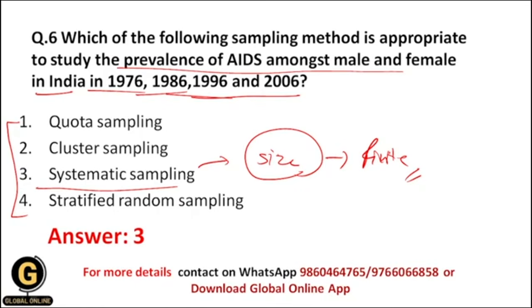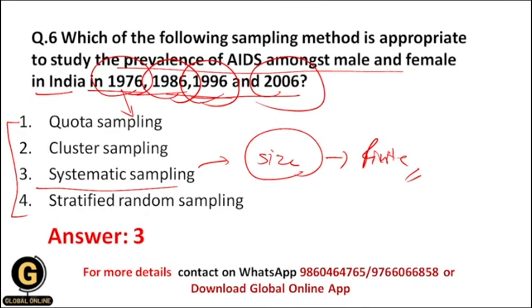Each and every year India announces the population of people in India in that year, right? So for example, the researcher knows the population size of India in 1976, as well as 1986, 1996 and 2006. So what will the researcher do now?